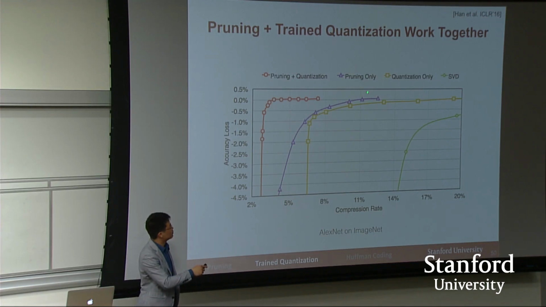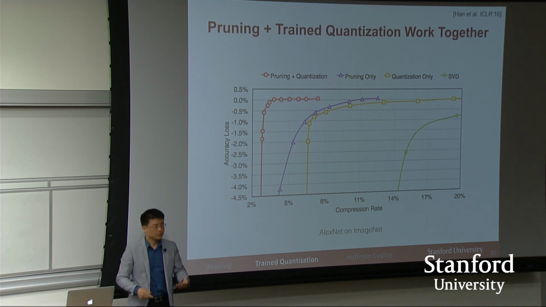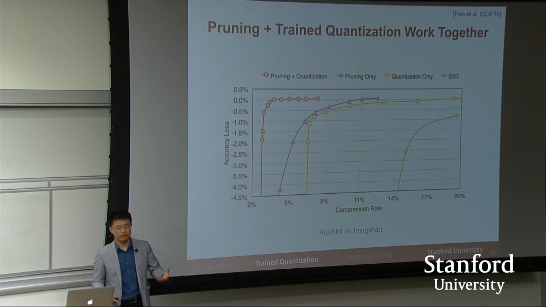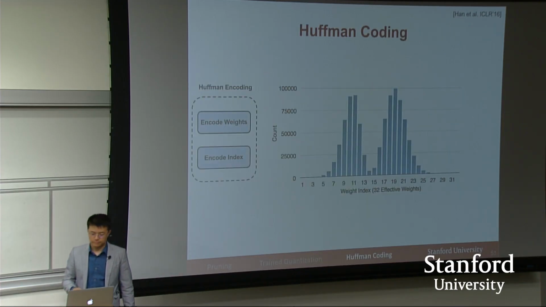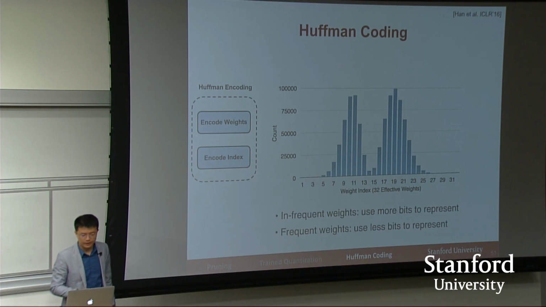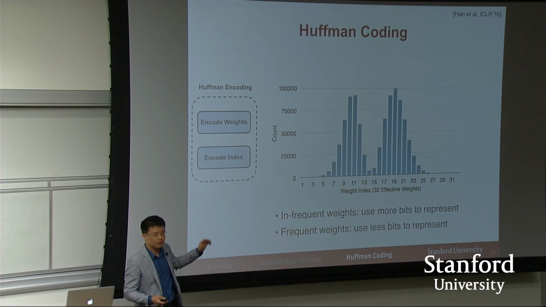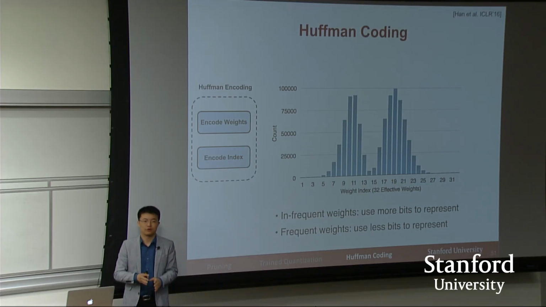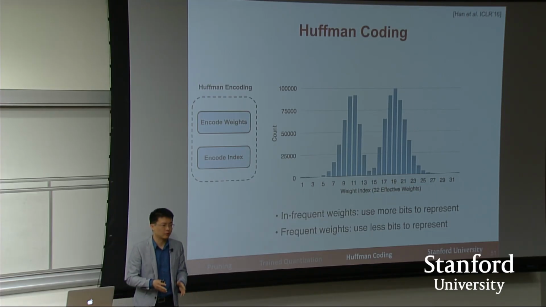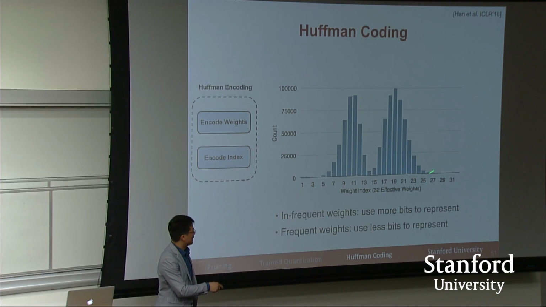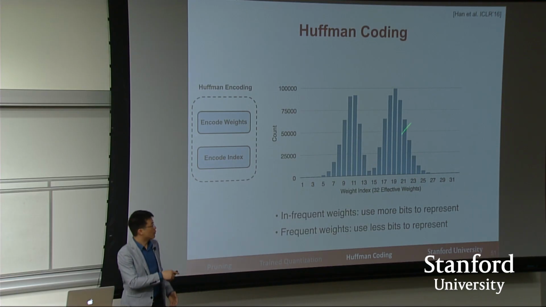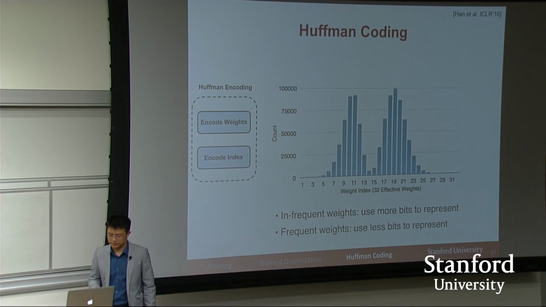Compared with each working individually, at 10% the accuracy begins to drop. And compared with the SVD method, it has a better compression ratio. And the final idea is we can apply Huffman coding to use more bits for infrequently appearing weights, and fewer bits for more frequently appearing weights.